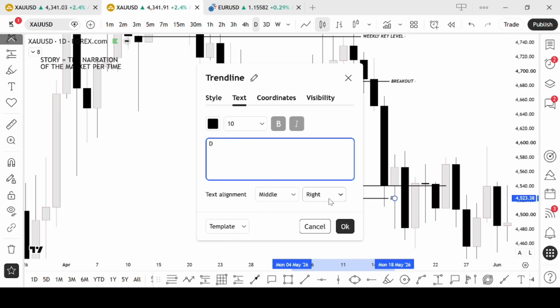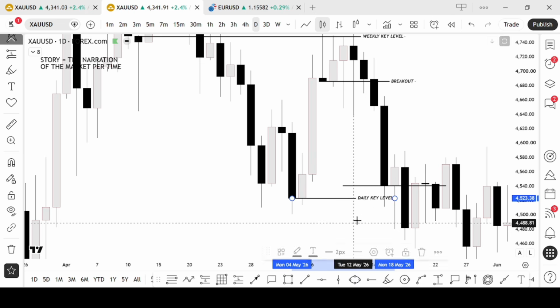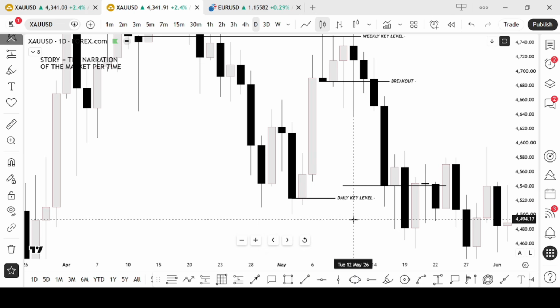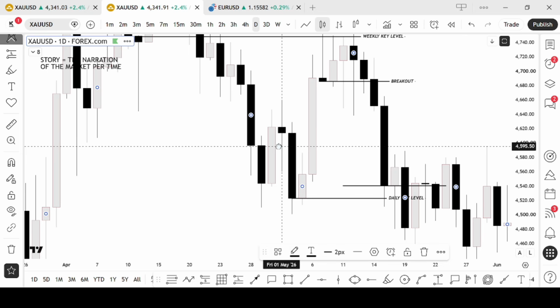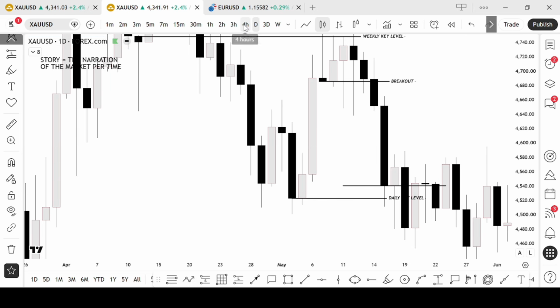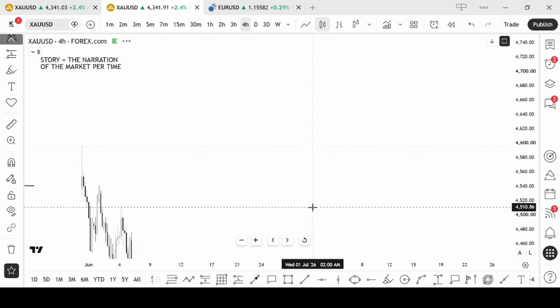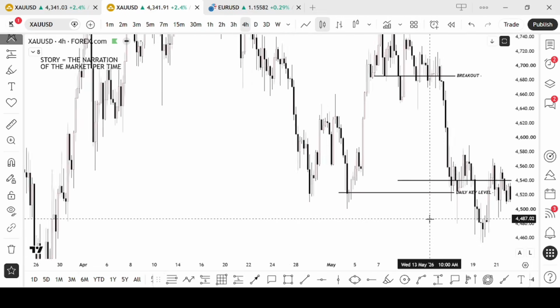So let's type that, daily key level. And the good thing about advanced MSNR is that whenever price wants to change momentum, storyline, or bias, it gives you a hint, it gives you an intention.